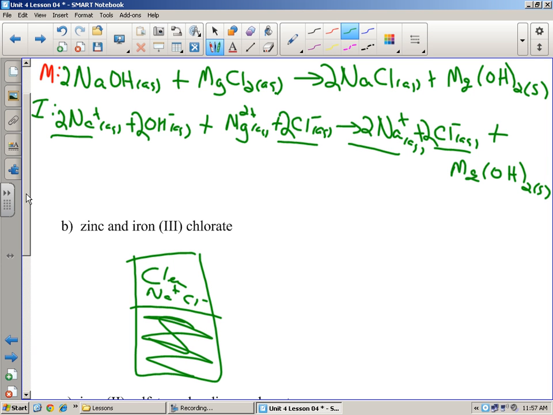Those ions, since they're the same on both sides, are called spectator ions. Spectator is what they're called. Because, of course, we'll look at the next part here and you'll see why they're called spectator ions.